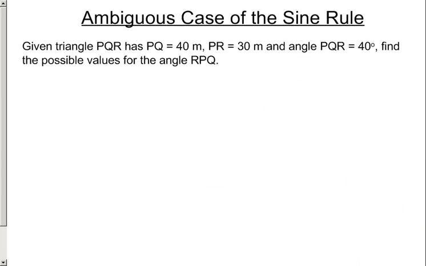And in this second example, we're not going to draw it accurately, but we've been given that PQ is 40, PR is 30, and the angle PQR is 40. Now, I always look at these the same way. The angle that we know is the one, let's say, on the left at the bottom. So this one here is going to be Q, and then PQ is the one that we know is going to come up here.